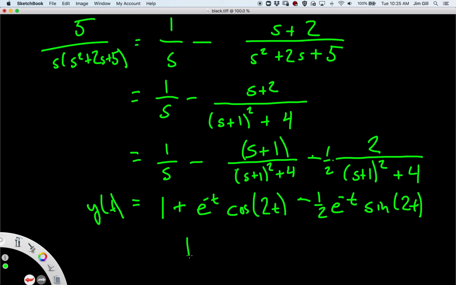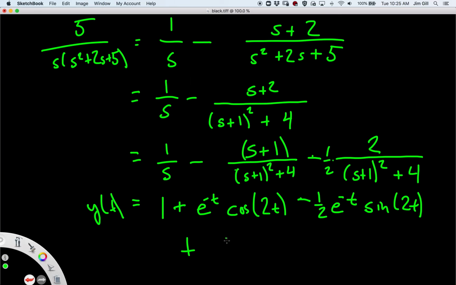Okay, so that took care of the first of two terms we had. We had this 5 over s times s squared plus 2s plus 5. And then we also had minus the same thing, but multiplied by e to the minus 7s.